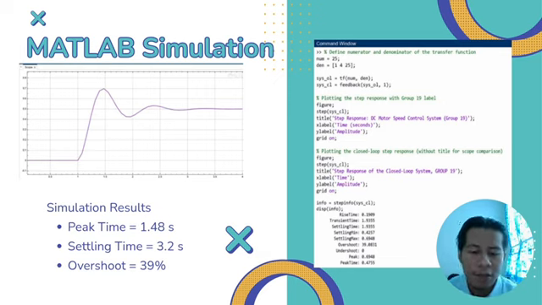These simulation results are very close to the calculated values. The small differences are expected because of numerical approximation and simulation settings in MATLAB. Overall, the simulation confirms that our mathematical model accurately represents the behavior of the DC motor speed control system.